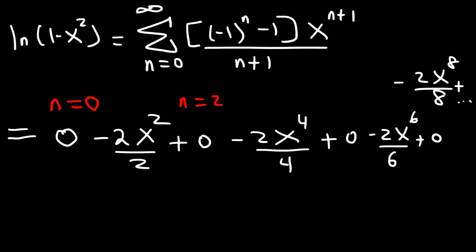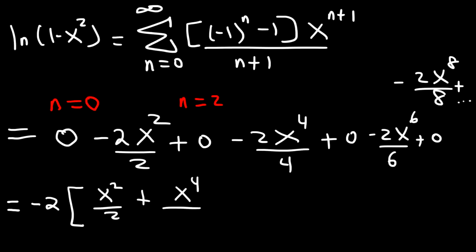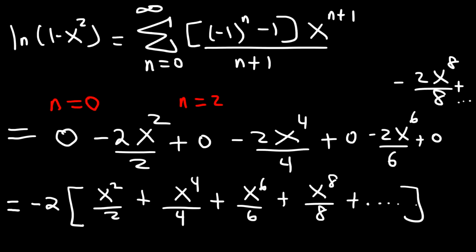And then this will continue on forever. Now let's ignore the zeros. And what we're going to do is take out a negative 2. And so we're going to get x squared over 2 plus x to the 4 divided by 4 plus x to the 6 over 6 plus x to the 8 over 8, and so forth.